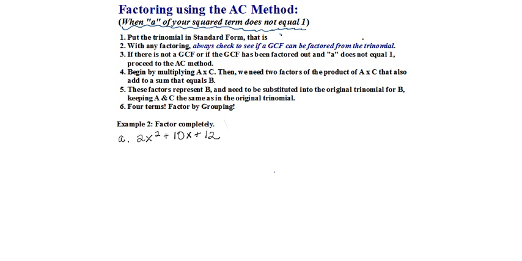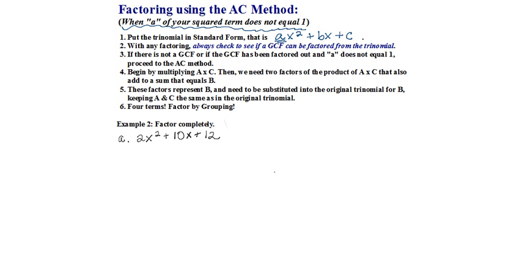That is ax squared plus bx plus c, okay? So we're not going to have anything in front of x squared if a is 1. Okay, we don't typically write that 1 out in front of a variable. But if this a out in front is anything else, say 2, like we have down here in example A, or 3, 5, anything, then we need to go to this AC method and solve from there.